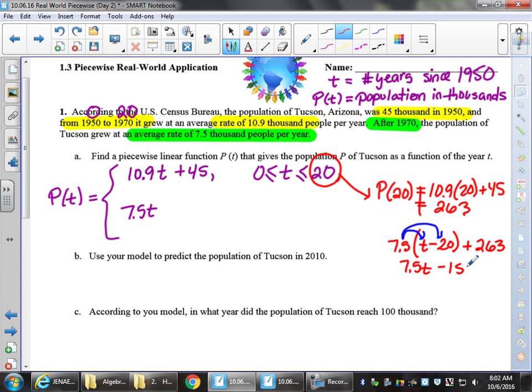So minus 150 plus 263. So my final equation is going to be 7.5t plus 113. And that will be for what piece of time? So this is just as after, right? T greater than 20. And we're done.